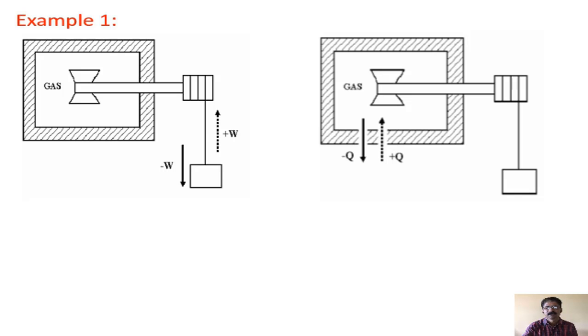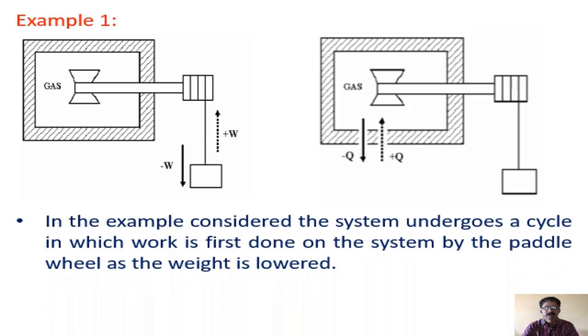You are taking a gas in a closed container as a system, and a paddle wheel is made to rotate inside the gas. The rotation of the paddle wheel is done by the lowering of a weight.